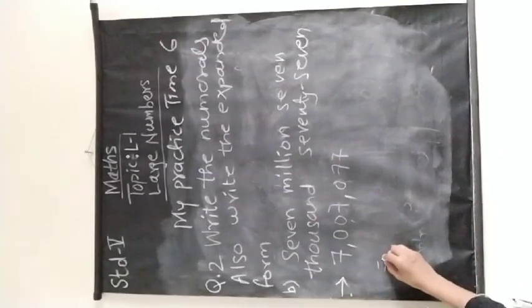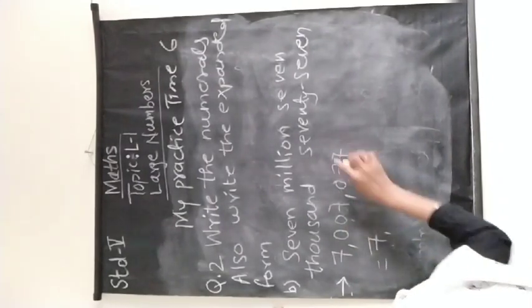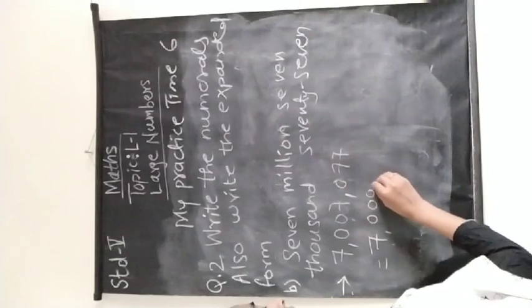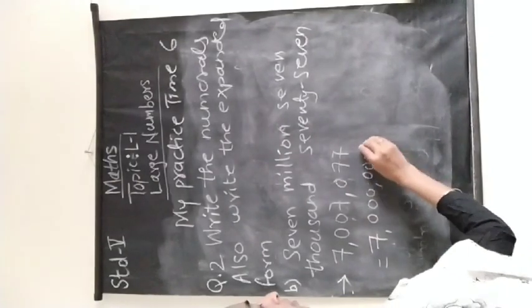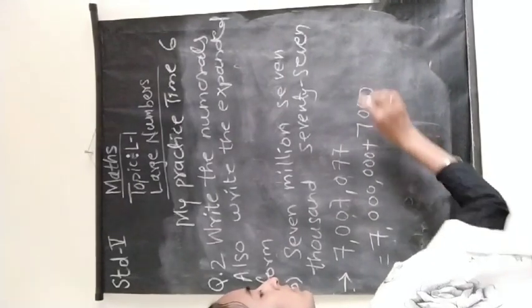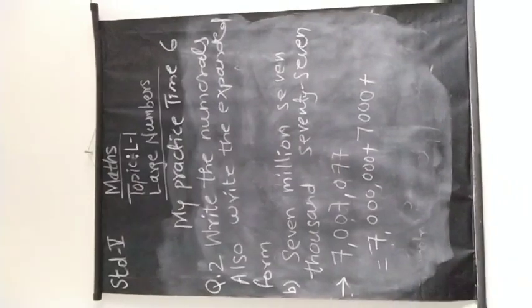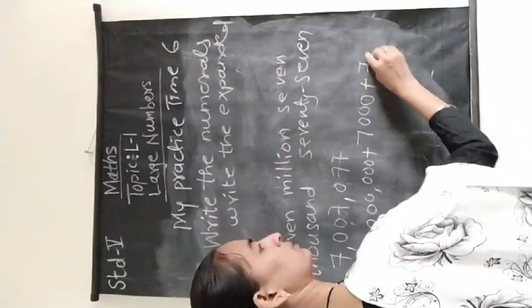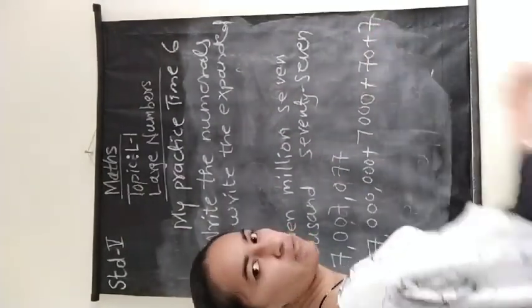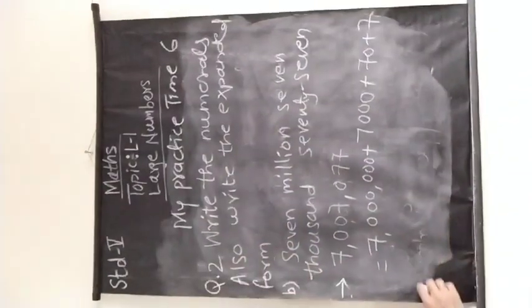Expanded form is 7 then 1 2 3 4 5 6 zeros, plus 7,000 plus 70 plus 7. Understand how to write in the international system or in the Indian system?